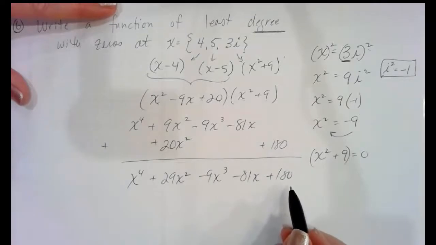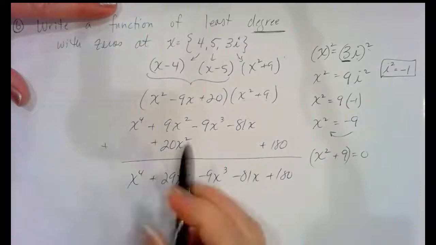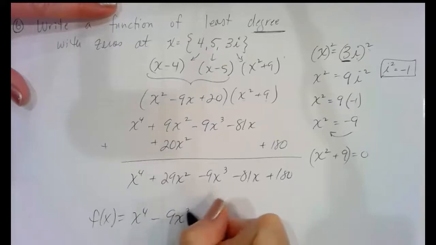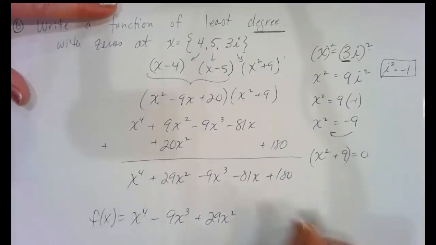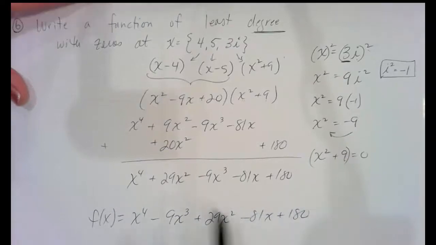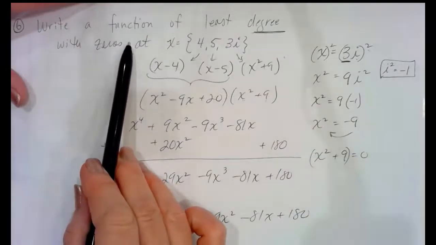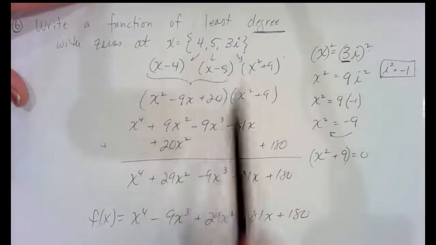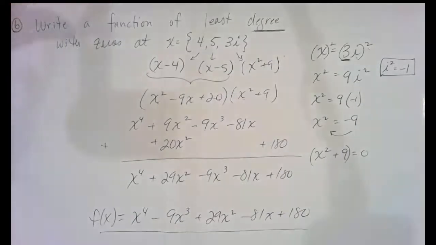Now I'm just going to put this in descending order because that's what needs to be done. So f of x equals x to the fourth minus 9x cubed plus 29x squared minus 81x plus 180. So this is a function of least degree that has these three zeros. There we are.